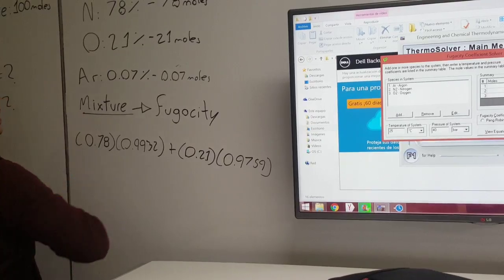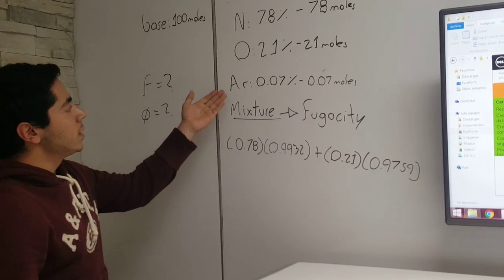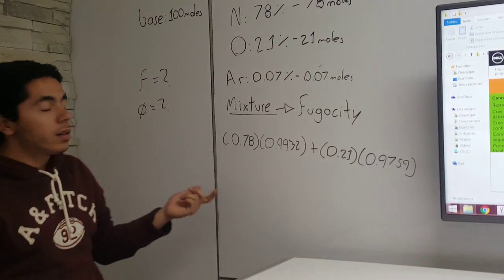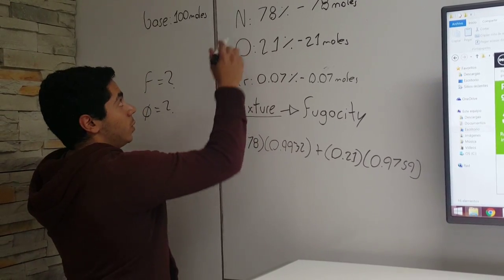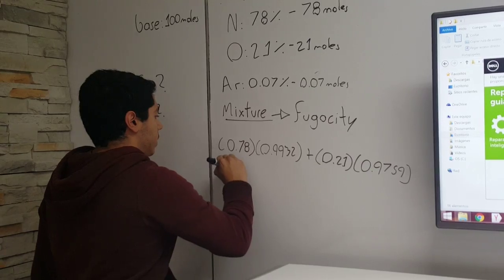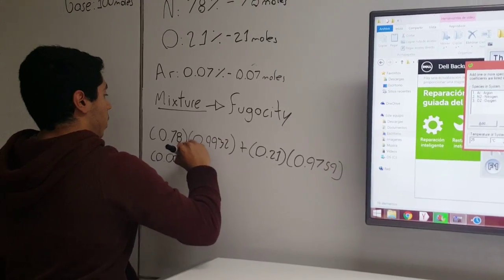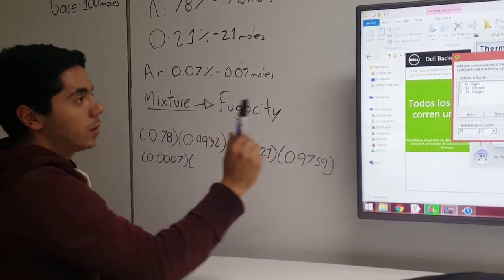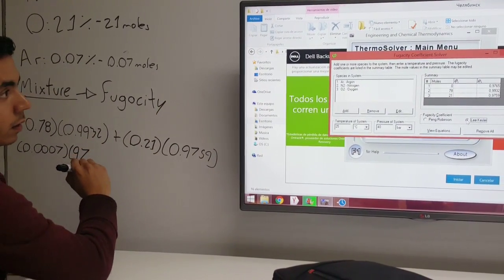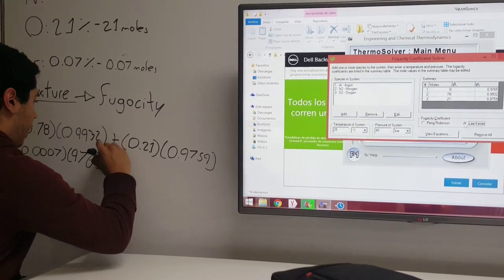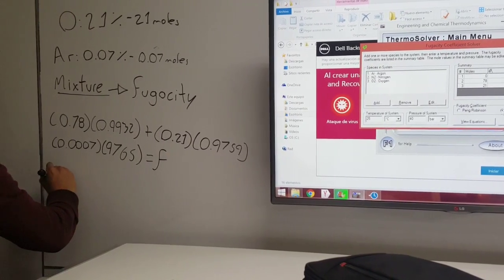And at the end the argon, which is not the only other species present in air, but it's the one that applies after these two other compounds. So we add 0.0007 multiplied by 0.9765. This will give us the total coefficient.